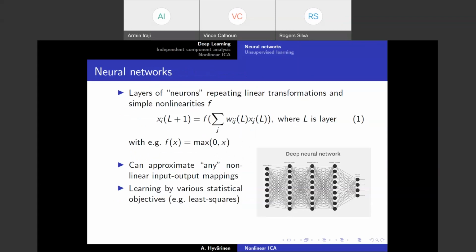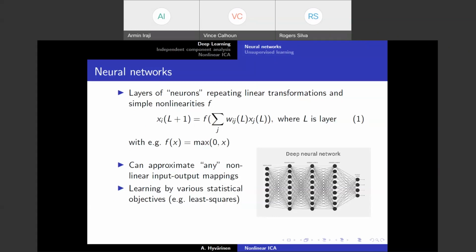Deep learning means that we basically approximate nonlinear functions by neural networks. The idea of a neural network is that we have a rather simple function approximator, where we take a linear transformation and then simple nonlinearities, but we repeat this many, many times, and then we can, in the limit, approximate arbitrarily complicated nonlinear functions.